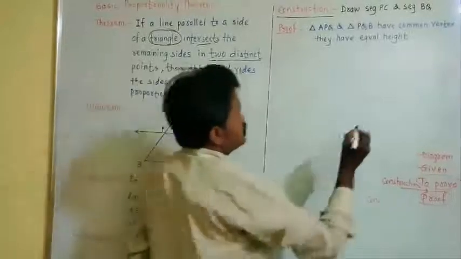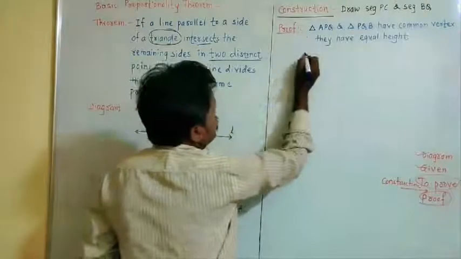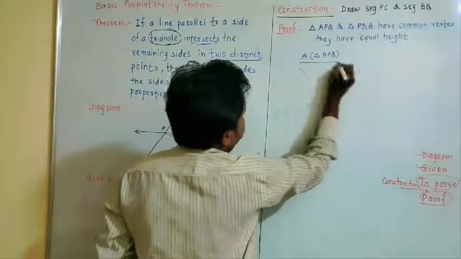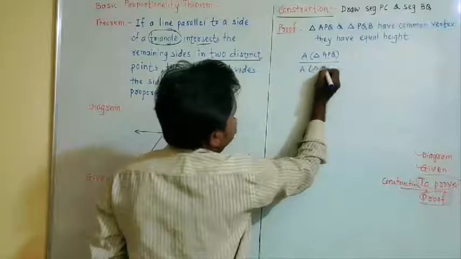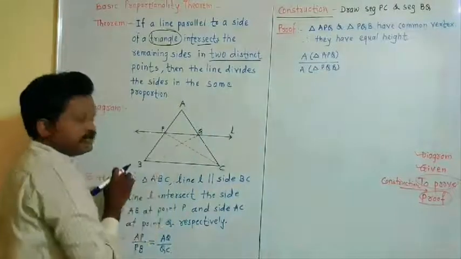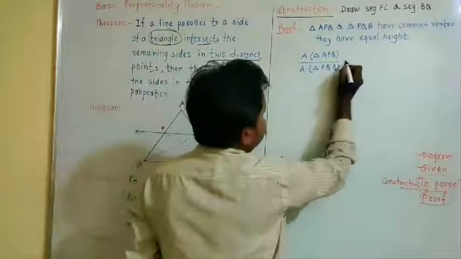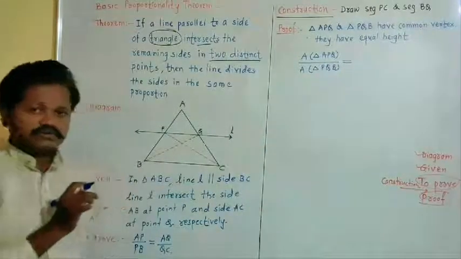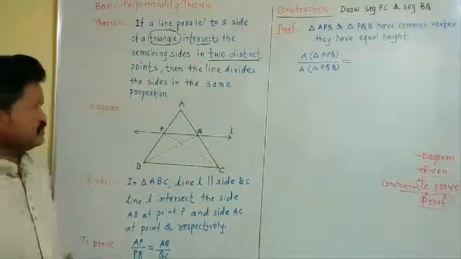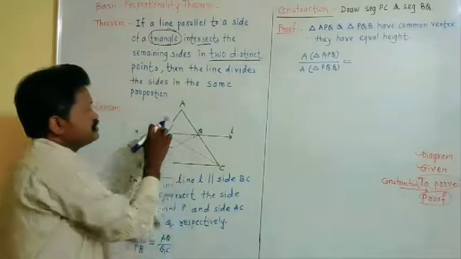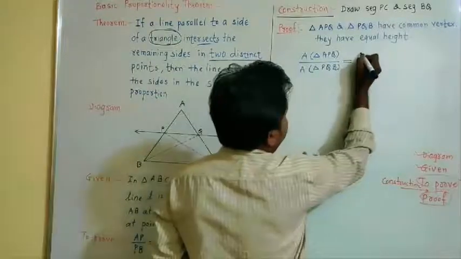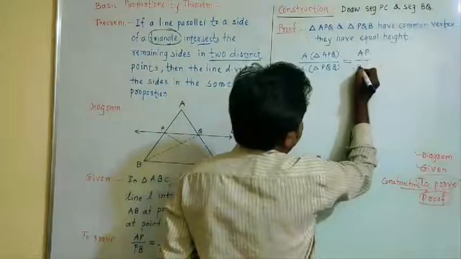So what does the ratio become here? Area of triangle APQ upon area of triangle PQB is equal to, since these two triangles have equal height, area is proportional to base. The base of the first triangle is AP, and the base of the second triangle is PB. So I write AP upon PB.